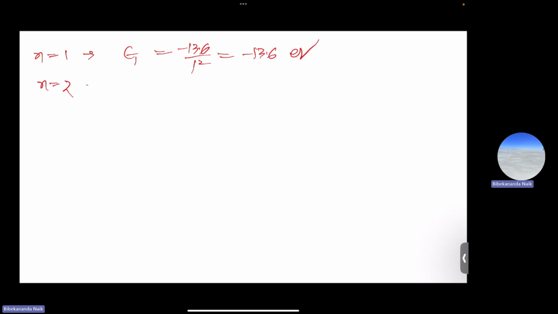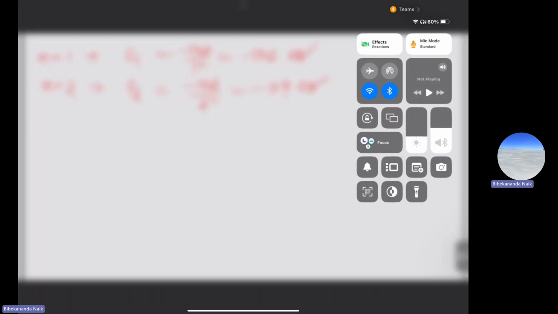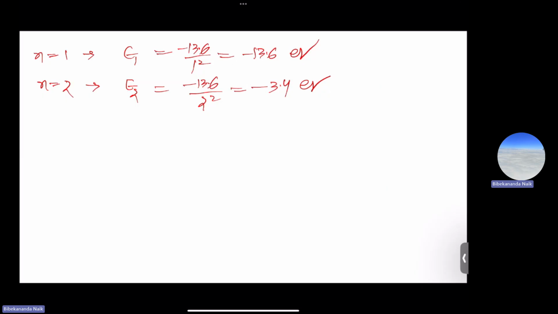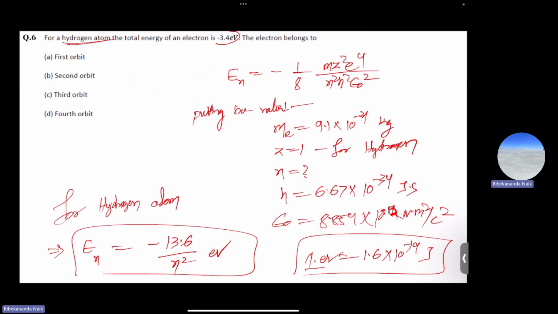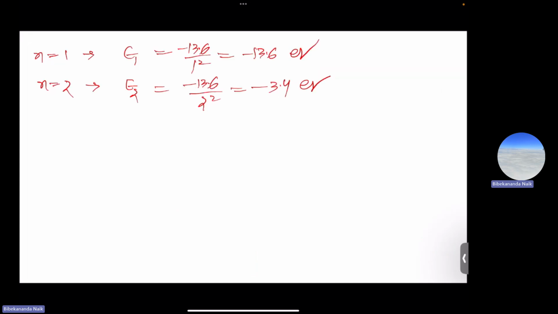For n equal to 2, E2 is minus 13.6 divided by 2 square, so it will be minus 3.4 eV. So if we see the value in the question, it is minus 3.4 electron volt, corresponding to the E2 level, which is the second orbit.